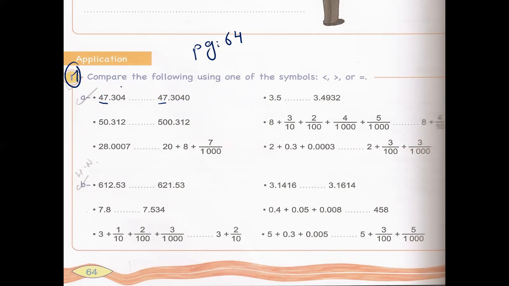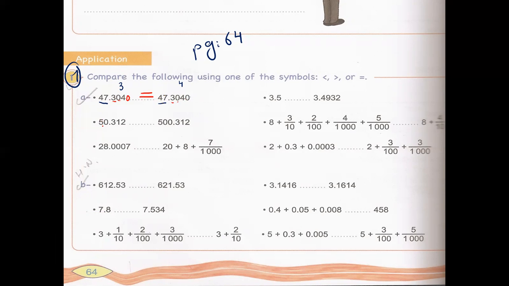How many digits do we have here? 3 digits. Here, 1, 2, 3, 4 digits. So we have to add 0 before I start comparing them. We add 0 here. Now they will be 4 and 4. Let's compare them digit by digit. 3, 3, the same. 0, 0, same. 4, 4, same. 0, 0. So they are equal, same digits in both.